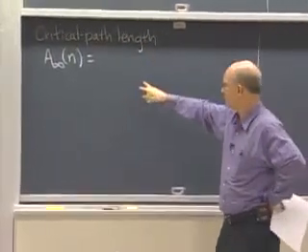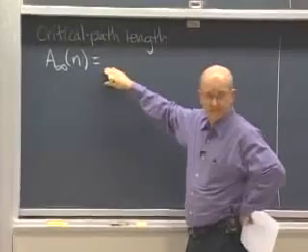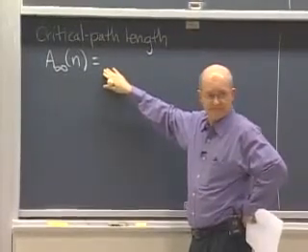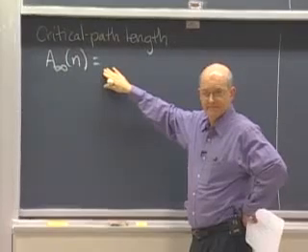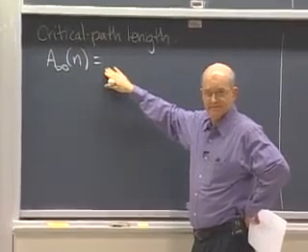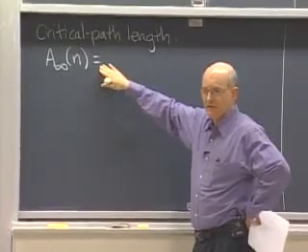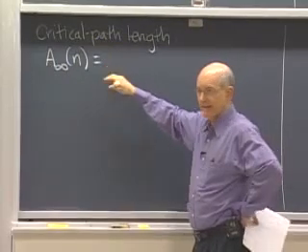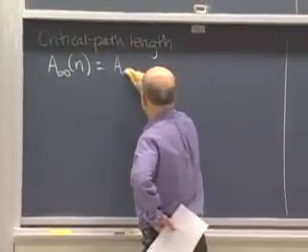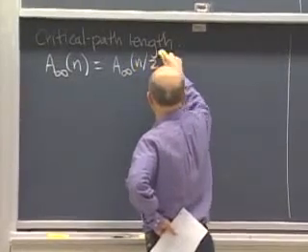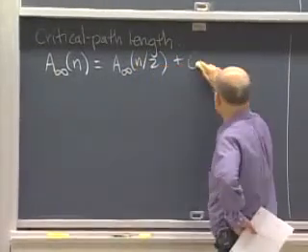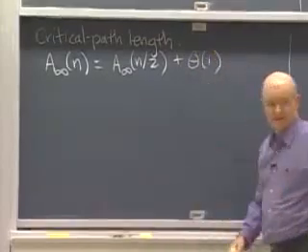So what's the recurrence that I get out of this one? A infinity of n over 2 plus a constant.